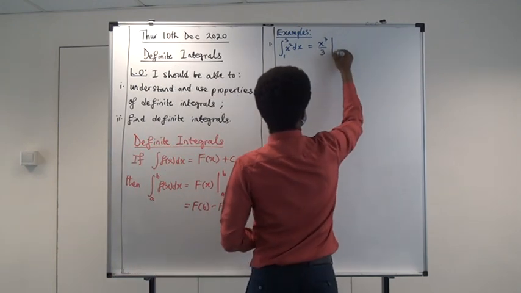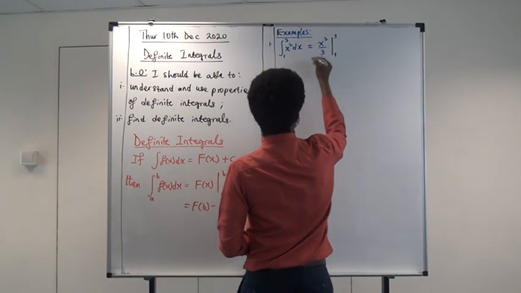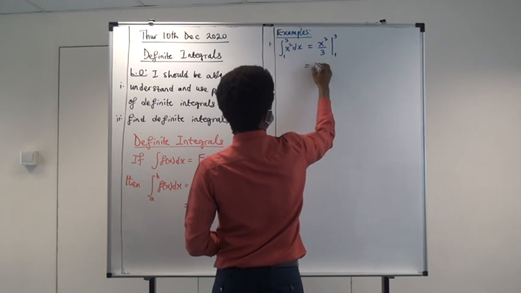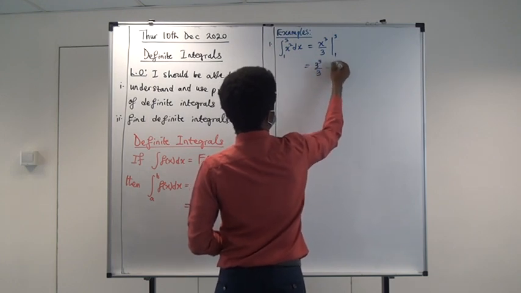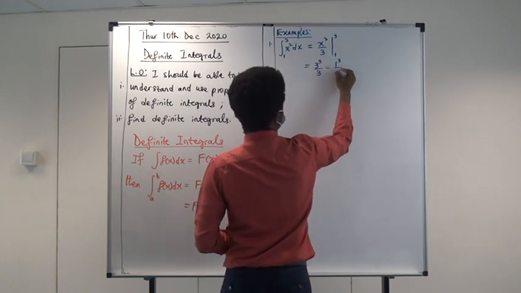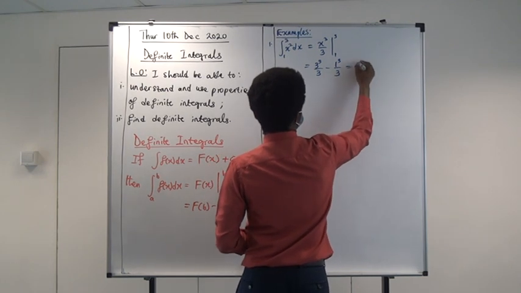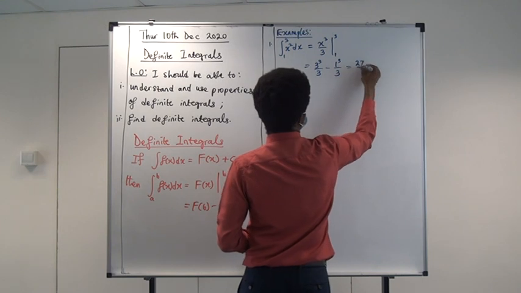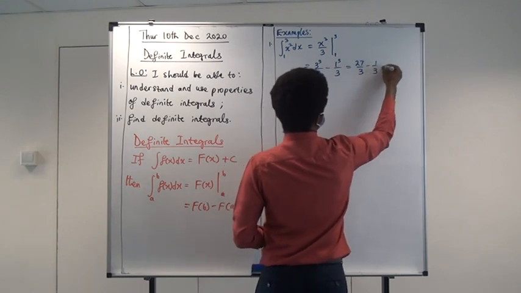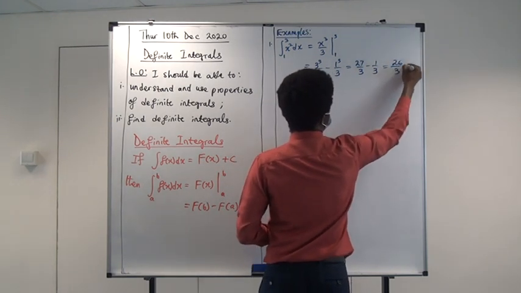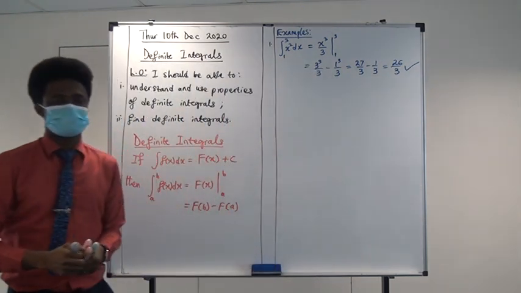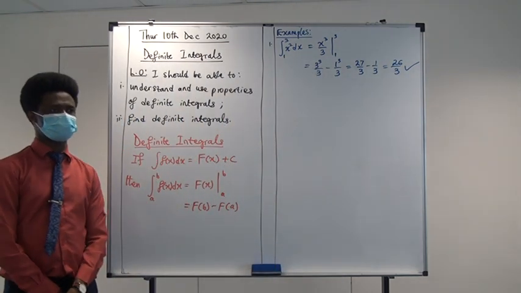Then we're going to apply the limits. So when x is equal to 3, 3 cubed over 3. When x is equal to 1, 1 cubed over 3. And your result will be 9. Am I right? So that's 27 over 3 minus 1 over 3, which is simply 26 over 3. This is the value of that definite integral.